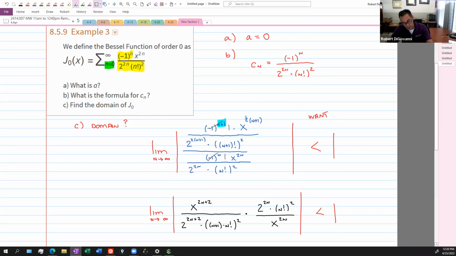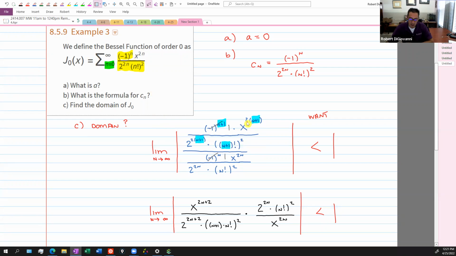So n+1 everywhere. Notice that the n+1s next to the 2's have to be in parentheses, right? And then I divide it by the original formula. I canceled the -1 to the n+1 and -1 to the n. I canceled them not because they cancel with each other, but because they're both going to turn out to be ones when we take absolute value. Is that all right?